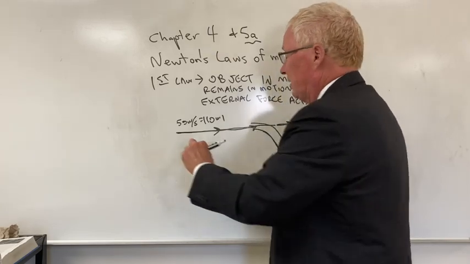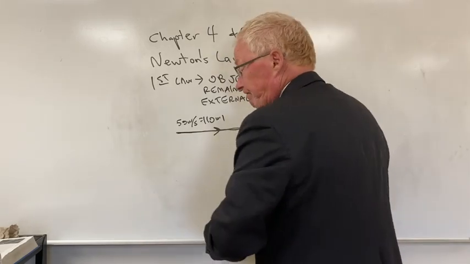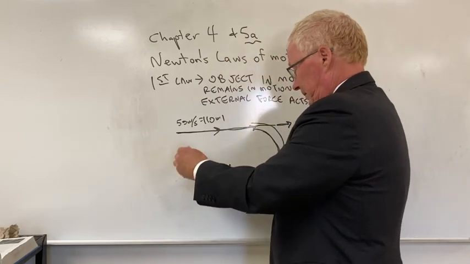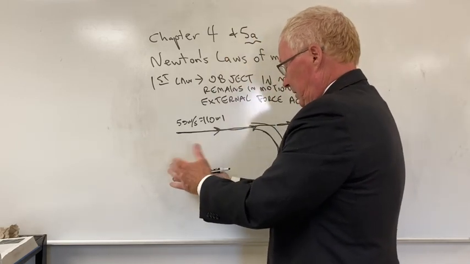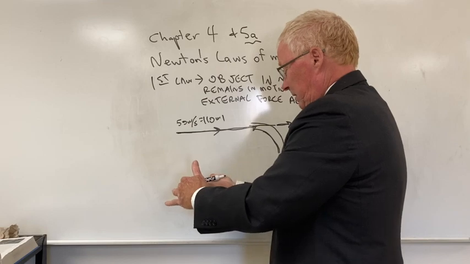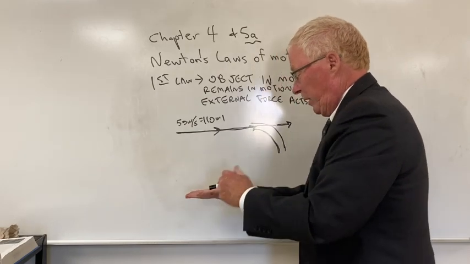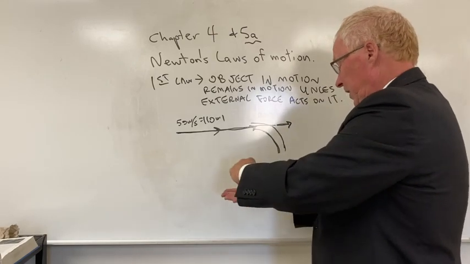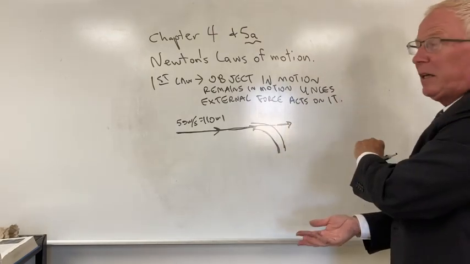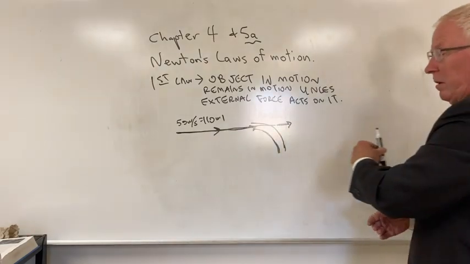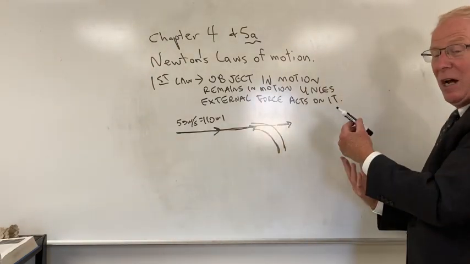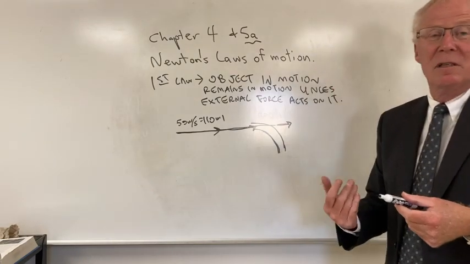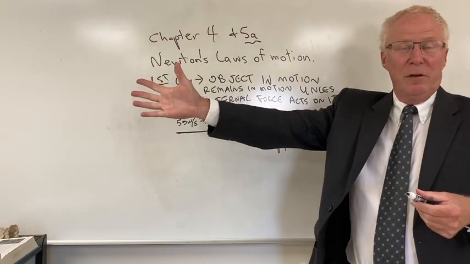It was thought that because objects on a table, if I push this with my hand slightly, it stops right away. Well, that's because of the frictional forces stopping it. If I was to throw it, and there's no friction, much like a hockey puck, it'll just go on and on and on until it stops. So if there's no frictional forces, no other forces, no air resistance, it'll just keep going in a straight line forever.